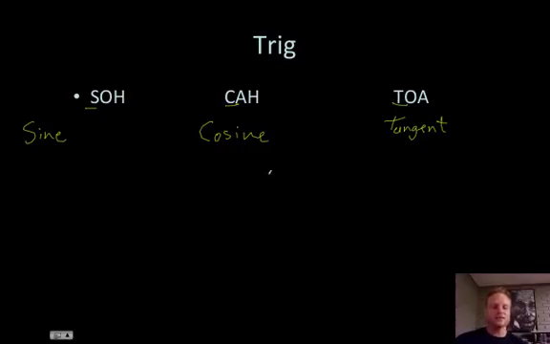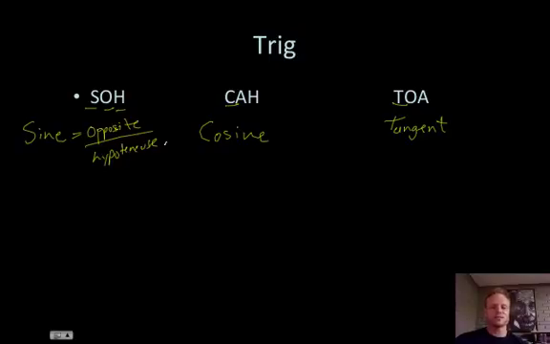This is the first part of dealing with SOHCAHTOA and the formulas associated with them. The O in the SO stands for opposite, and the H stands for hypotenuse. All right, so sine equals the opposite over the hypotenuse.